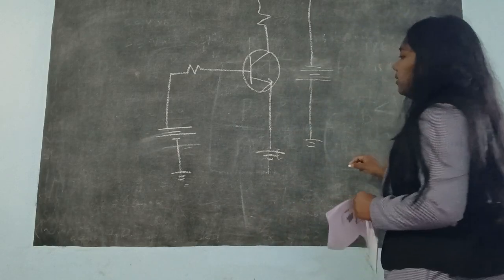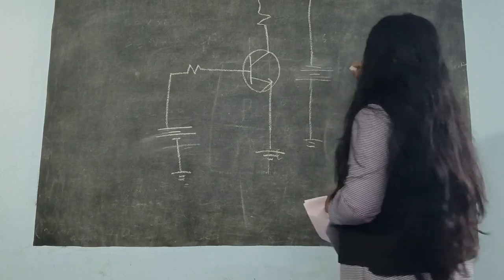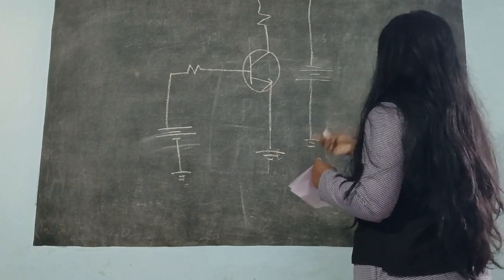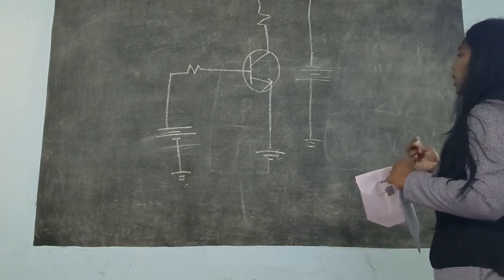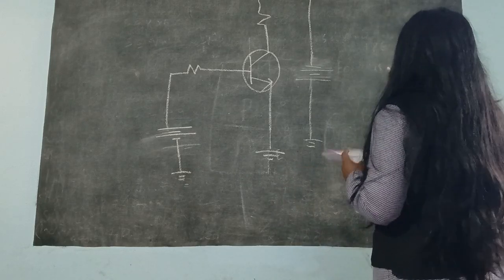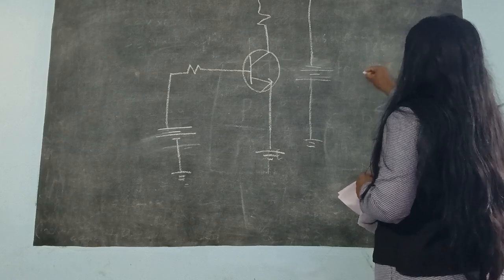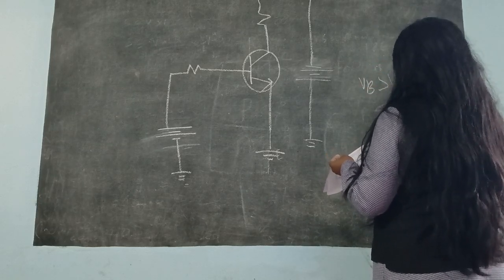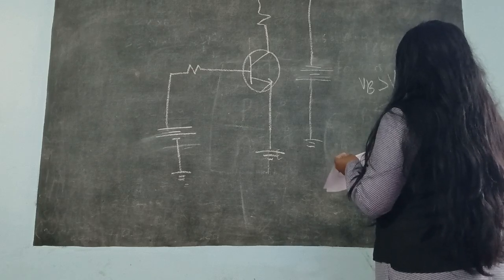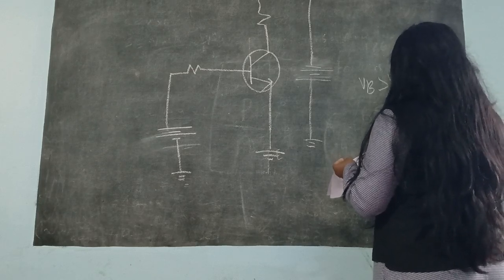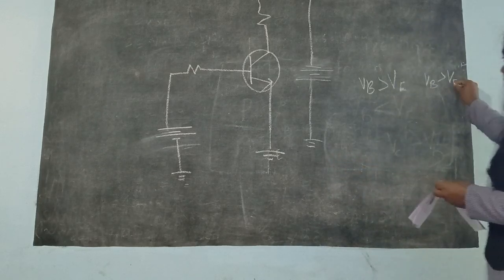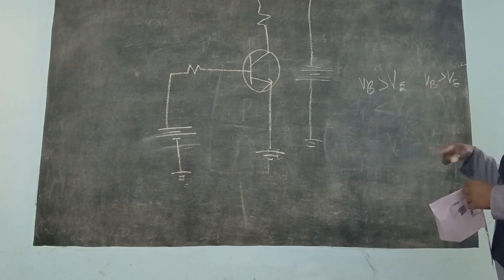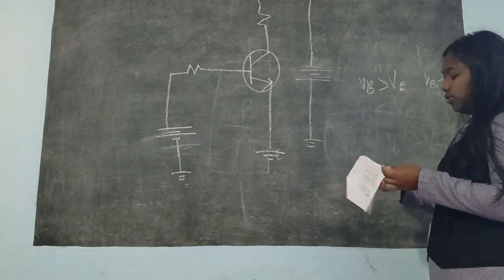At this condition, when both of these are forward biased, VB is greater than VE and VB is greater than VC. At this condition, the transistor is in the saturation region.